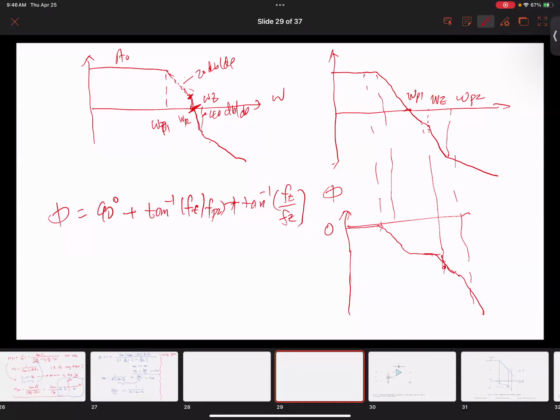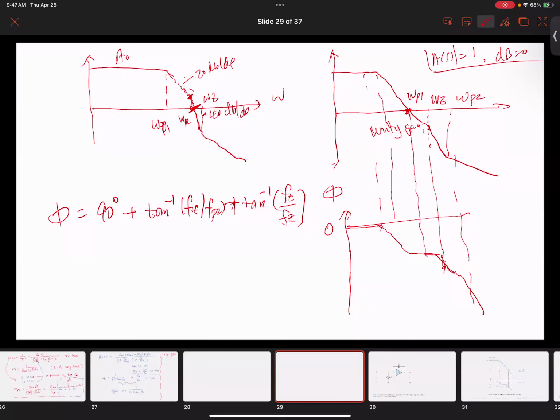You remember we talked about the phase margin and the gain margin. So if this is a unit gain, unit gain means 0 dB. Unit gain means A(S) is equal to 1 and dB is equal to 0, right? So at unit gain, this cannot be 180 degrees.